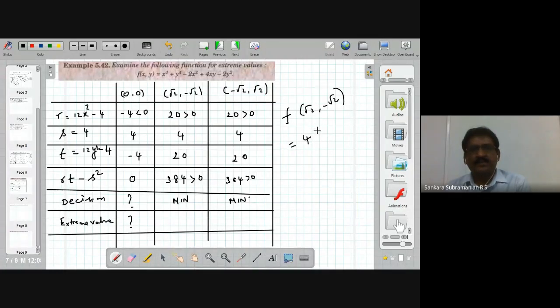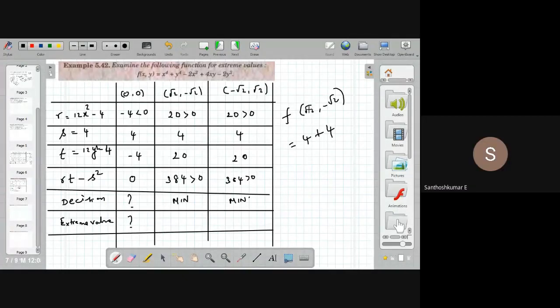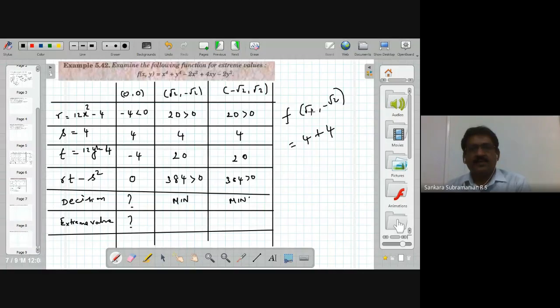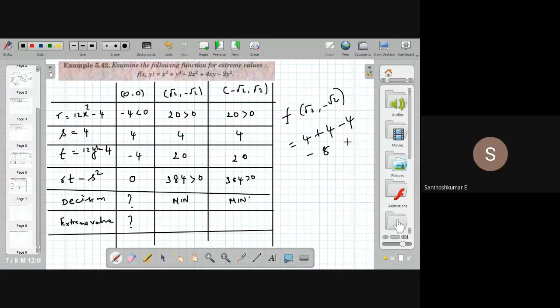And again, this is also plus 4. And x square becomes 2, and 2 twos are 4, minus 4. And x into y, this is a minus, so we get minus 6, minus 8.